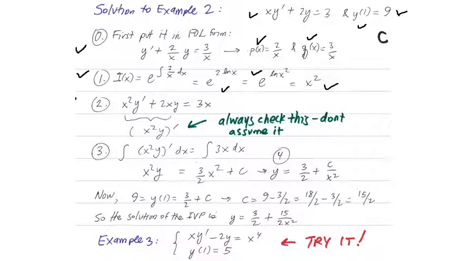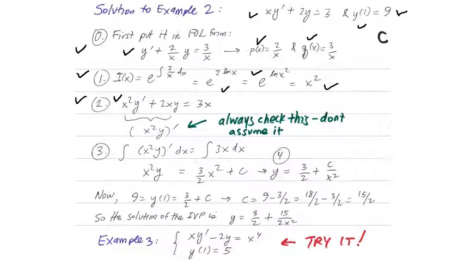Then we take our integrating factor in step 2 and multiply both sides of our differential equation. Now remember, we're not working with our original differential equation, but this differential equation. Multiply both sides of that equation by our integrating factor x squared. That gives us this equation.